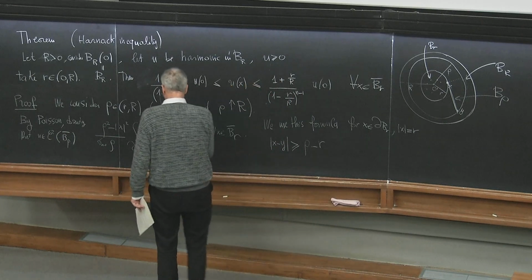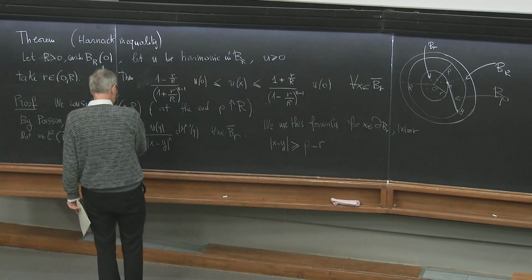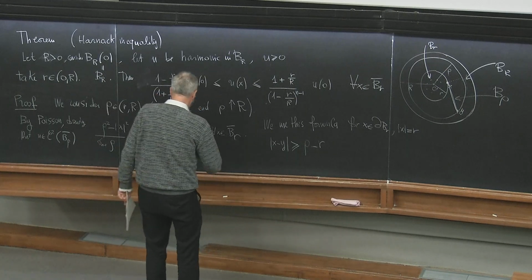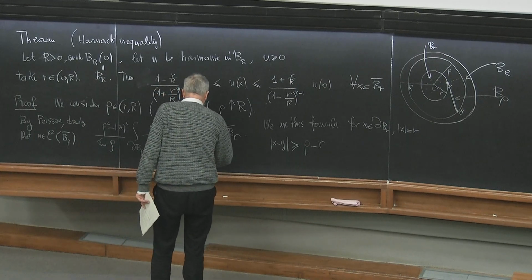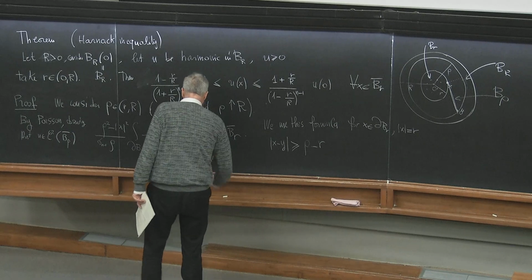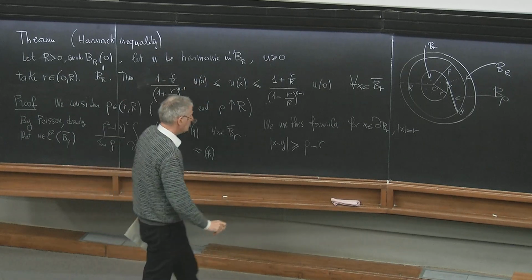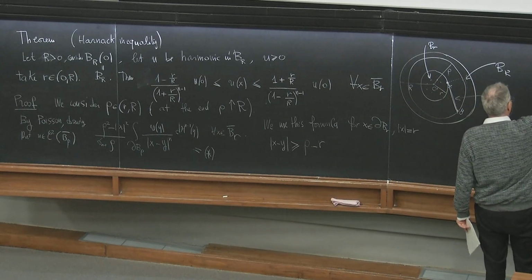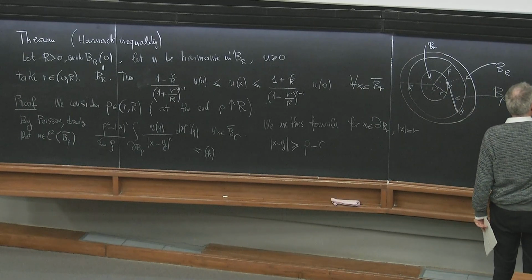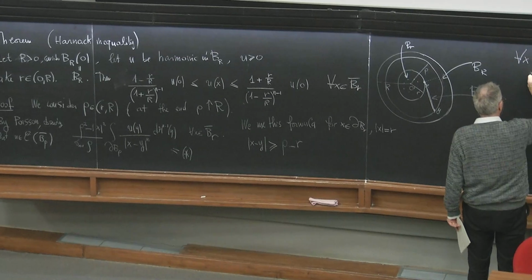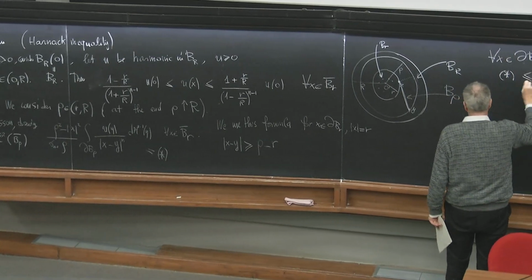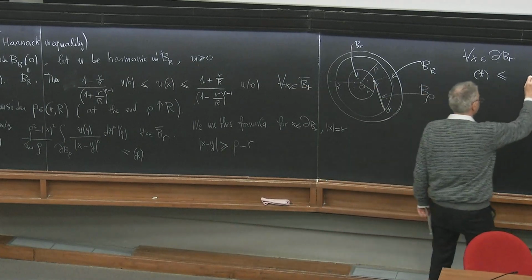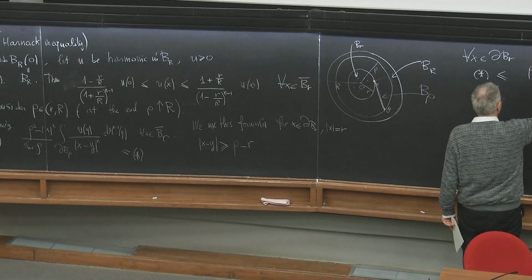Okay, and so in this way, this integral, let me call it star, is less than or equal to, for any x on the boundary of the ball, and then just copy the first term here.